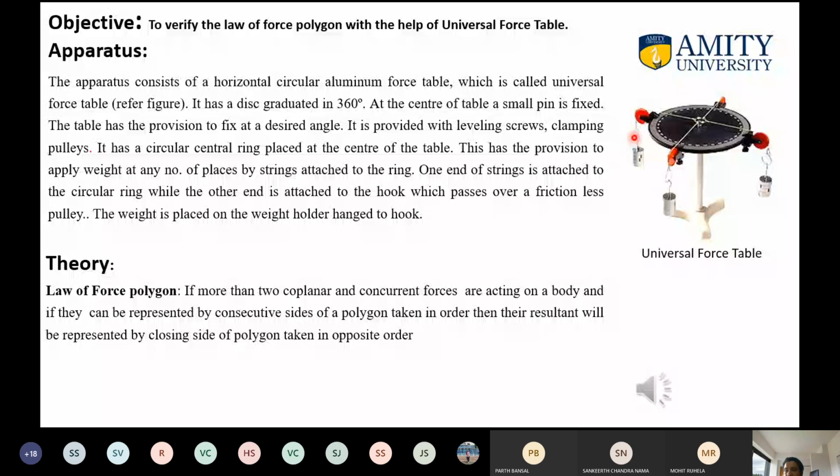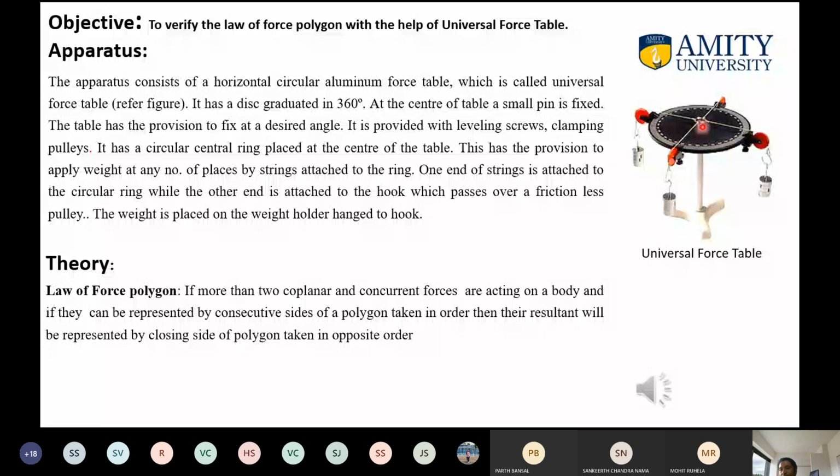This is the disc here. The total name of this apparatus is universal force table. This is the circular disc, and on it a small ring is there, and to this small ring four threads are attached. These four threads are passed over different pulleys.